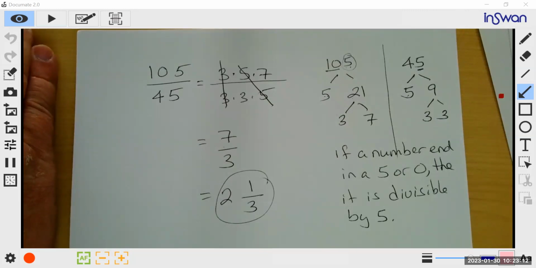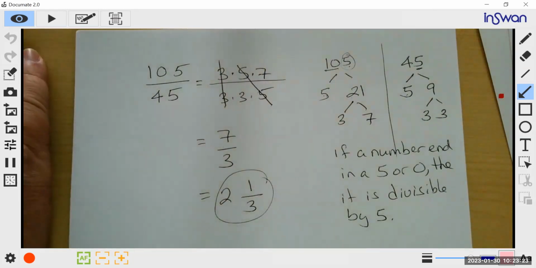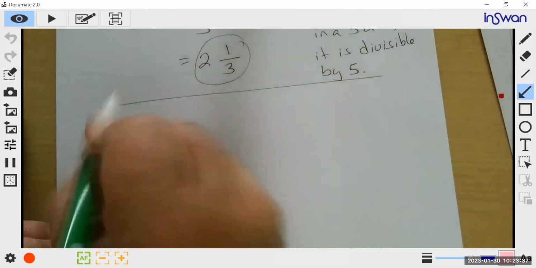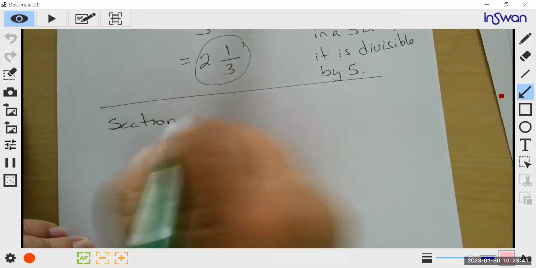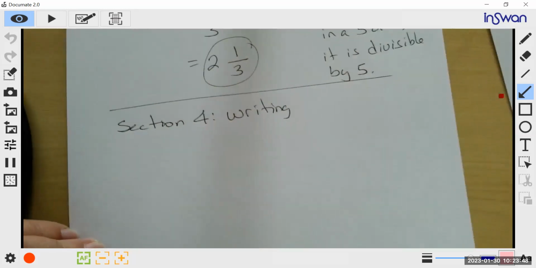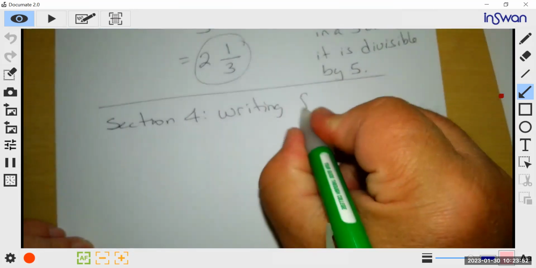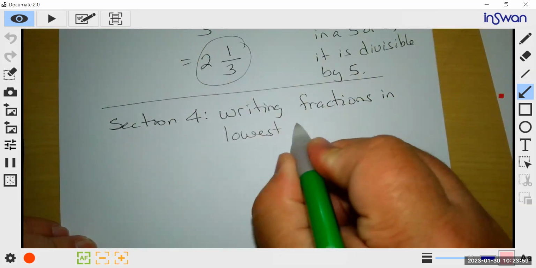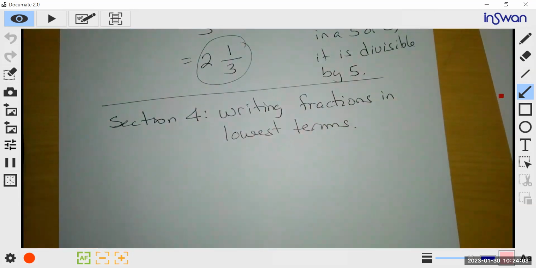Writing fractions in lowest terms. That's what we've just been doing.